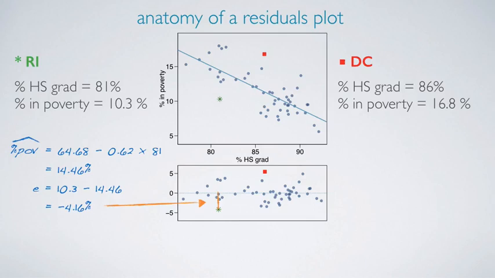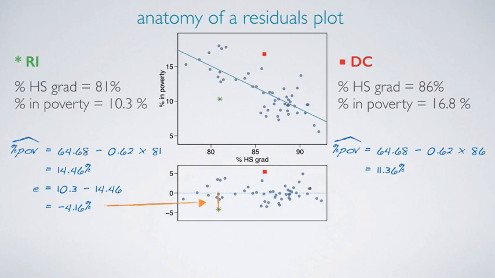For DC, the observed high school graduation rate is 86%, and the observed rate of poverty is 16.8%. Using the same linear model and plugging in 86%, we can actually calculate the predicted poverty rate for DC, and we see that the model predicts a poverty rate of 11.36%.